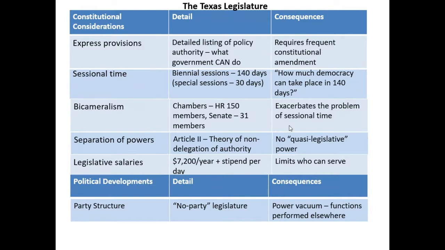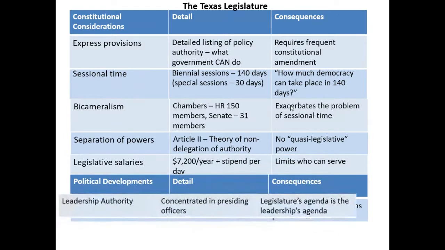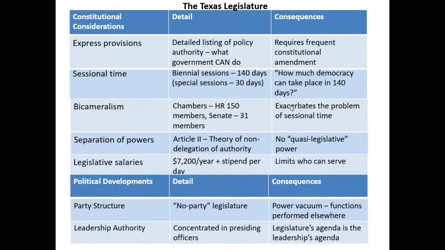They just are performed in some other way. So this power vacuum has led to a concentration of authority in the leadership, the presiding officers.